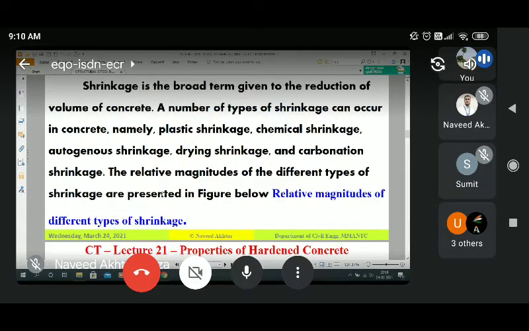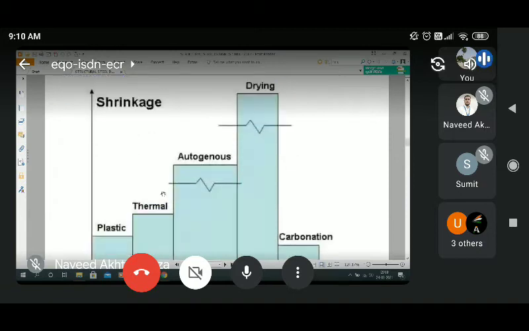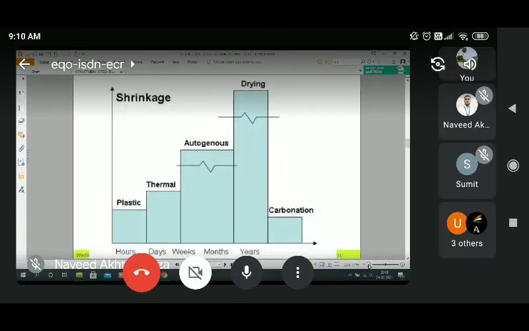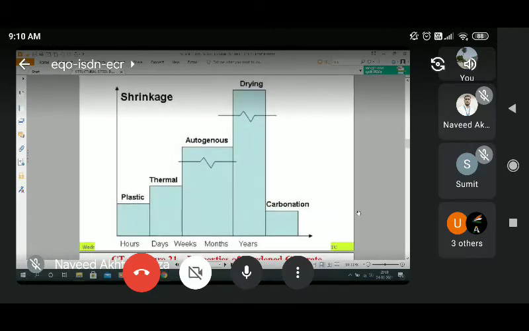You can see here the different types of shrinkages in this figure. Based on the duration, as days or hours pass, the shrinkages are classified as shown in this figure.